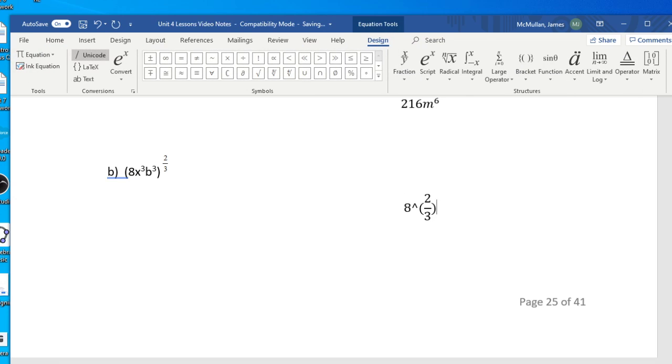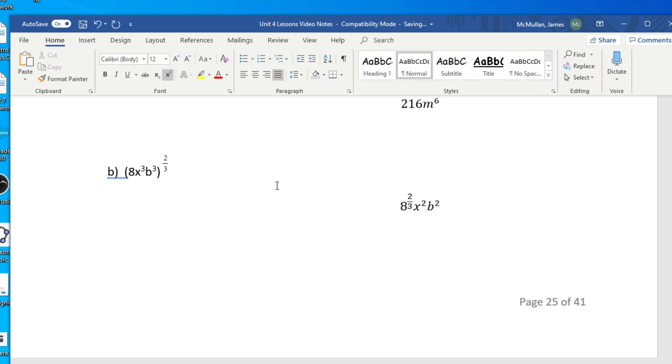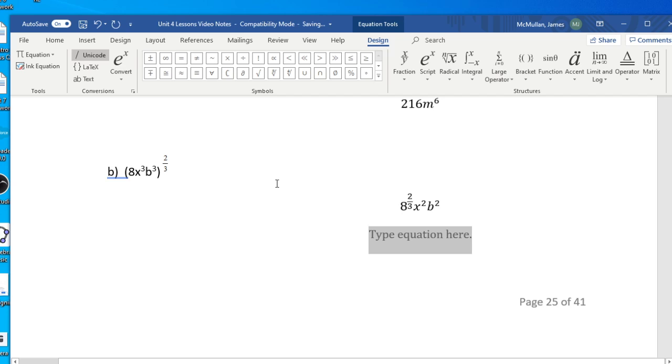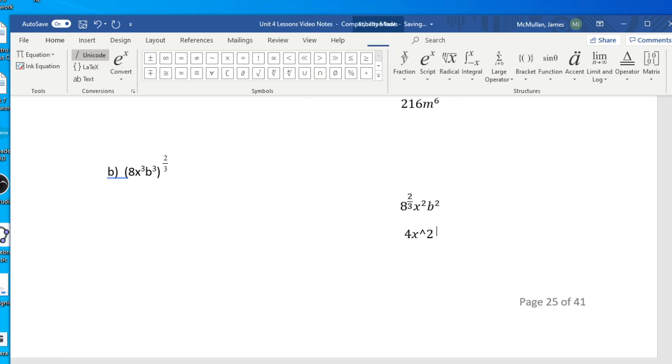The 2/3 comes down with the 8. The x to the 2/3 multiplies by the 3 and just leaves you with a 2. The b also leaves you with a 2. I look at the 8. The cube root of 8 is 2, so that deals with the 3 underneath. And then the 2 on top, I'm going to square it. I get 2 squared, which is 4x squared b squared.